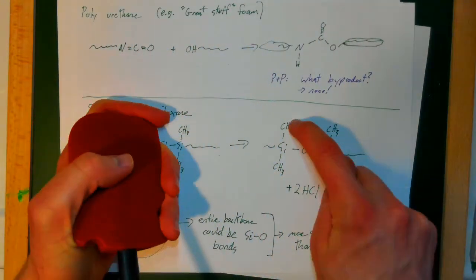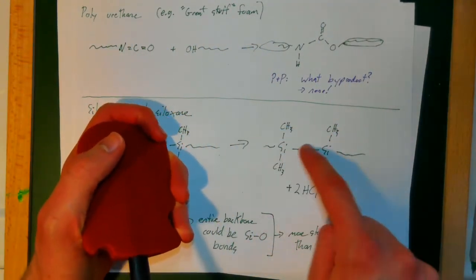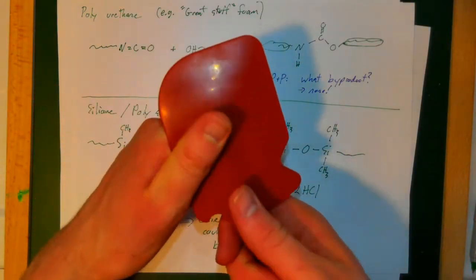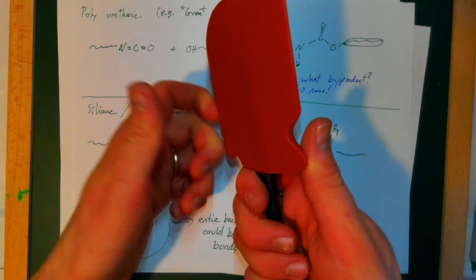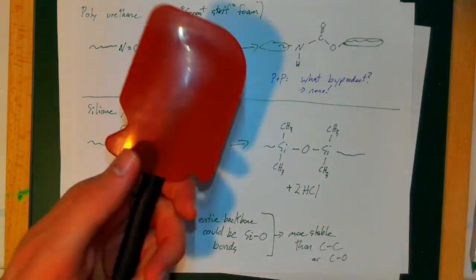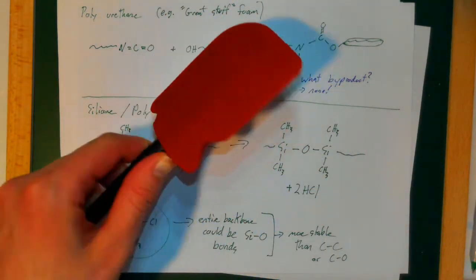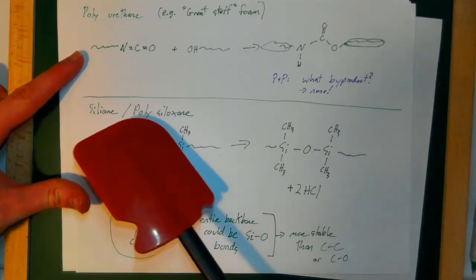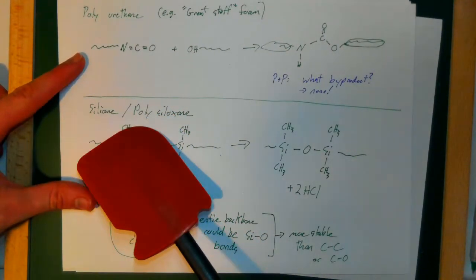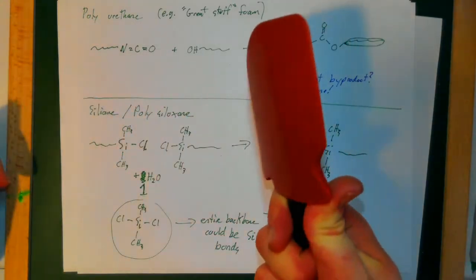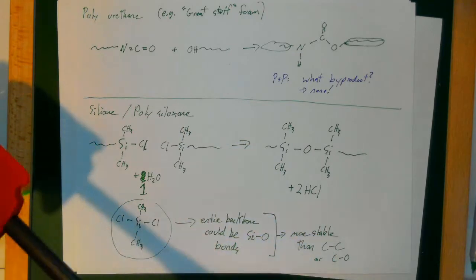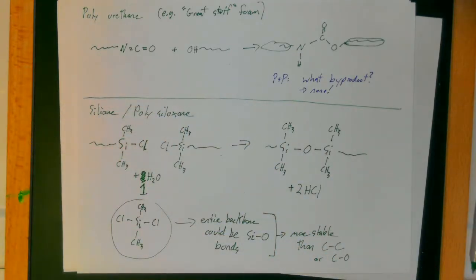I might start reacting some stuff with the CH3 groups, but the silicon-oxygen backbone is so stable that you can heat these up to hundreds of degrees and they still remain stable. So for certain applications, these silicone rubbers, high temperature applications, they're also pretty resilient in our bodies as well.